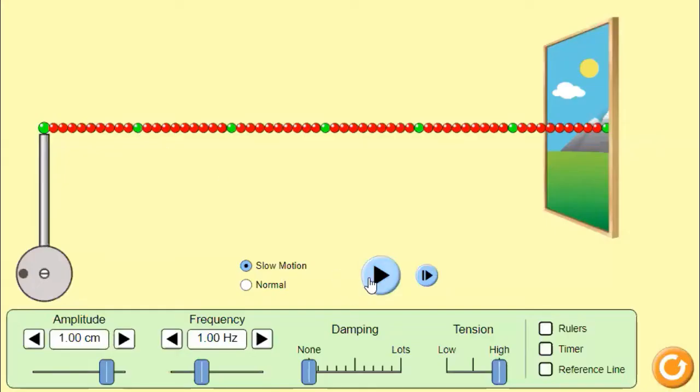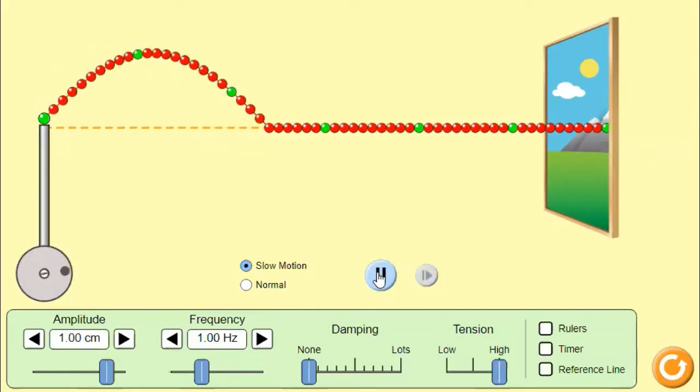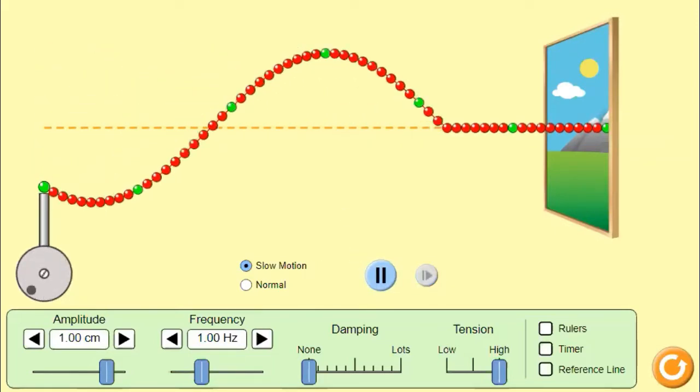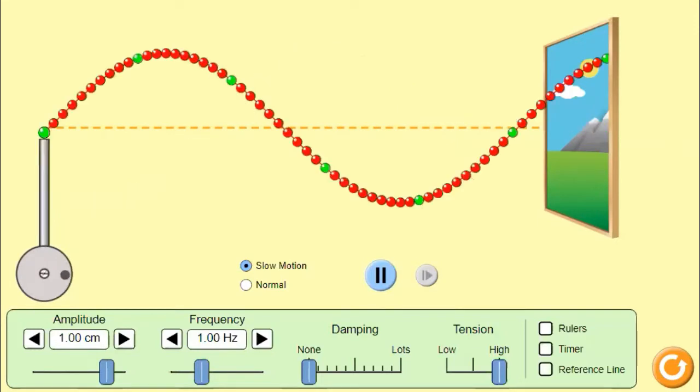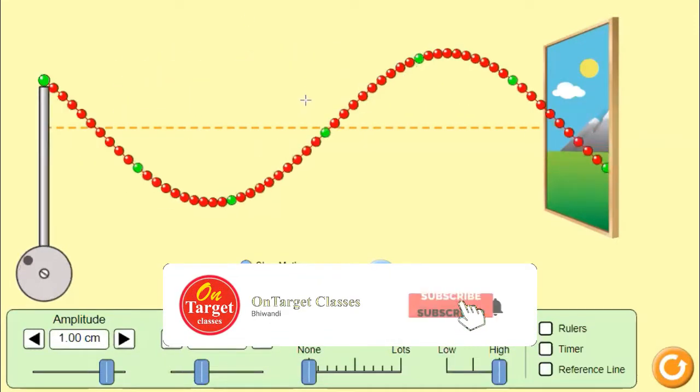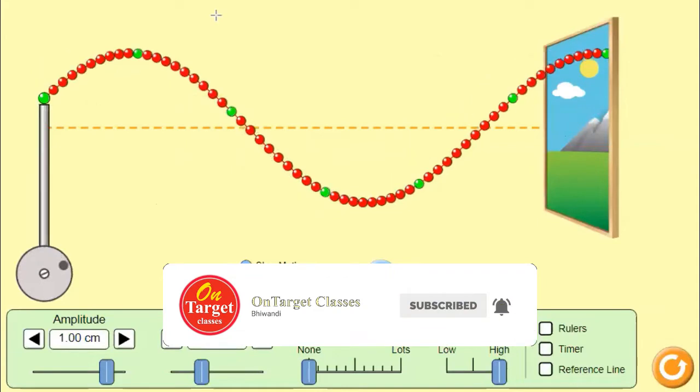So in order to understand the third point, let us again see this simulation. The amplitude of all the particles is the same.